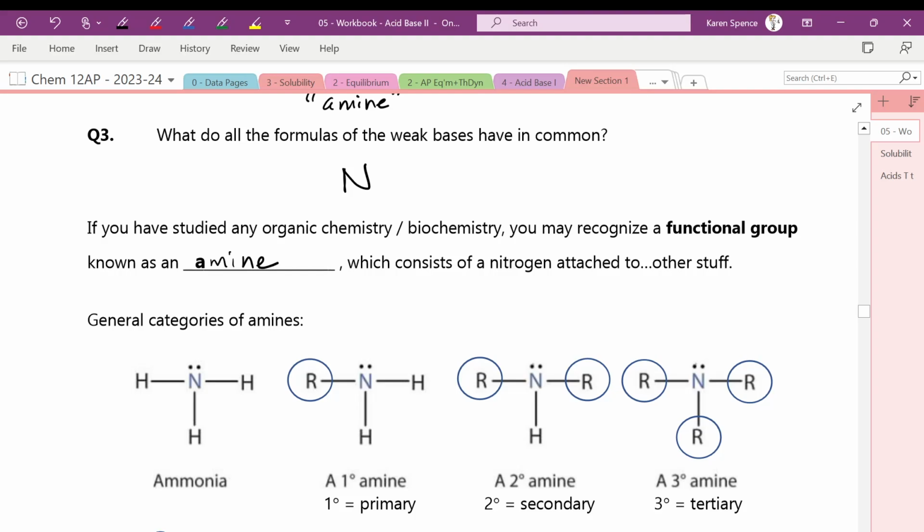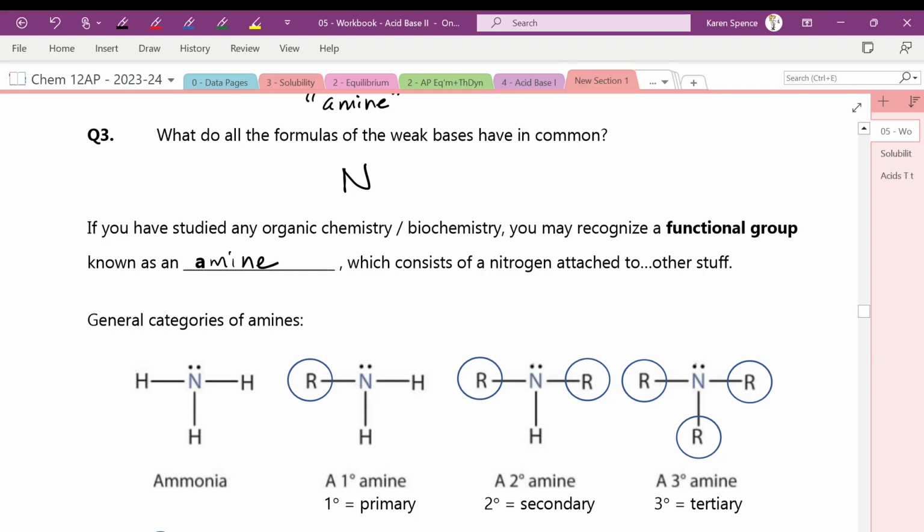I'm just making it easier for you to recognize a base, because often when students go into an exam and they're given a base, they say, I don't know what this is, and then they start using Ka. Don't use a Ka for a base. If you're given a compound and it's got these N groups in it, and you've never talked about amines, you won't recognize that that gives something basic properties.